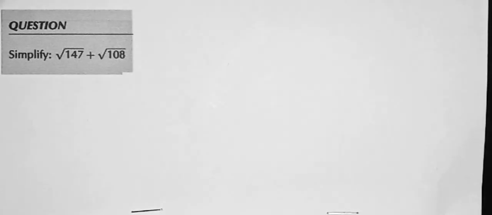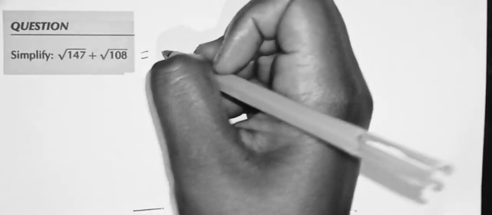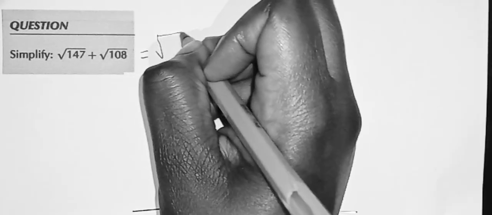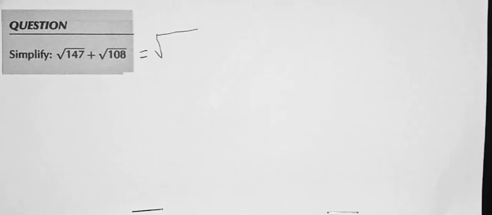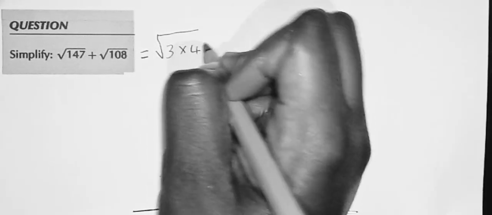So we have a question: simplify square root of 147 plus square root of 108. They say we must simplify. So I'm starting with the square root of 147. Square root of 147 is, by factors, 3 times 49, because 7 squared is 49.